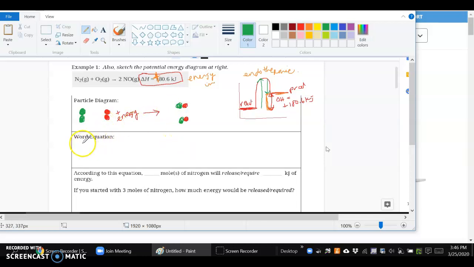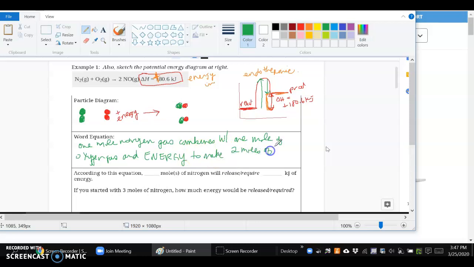Okay, so in word equation, I'm going to say 1 mole of nitrogen gas, all right, combines with 1 mole of oxygen gas, okay, and energy, right, because I remember energy has to come into the system for this to go, okay, to make 2 moles of, now some of these, if you don't know the name, that's okay, right?